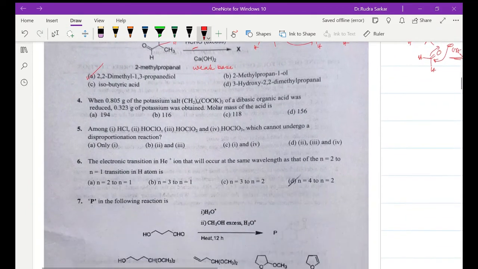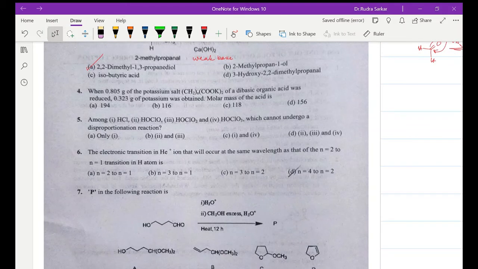Okay. Next question: among HCl, HClO, HOClO2, HOClO3, which cannot undergo disproportionation reaction?